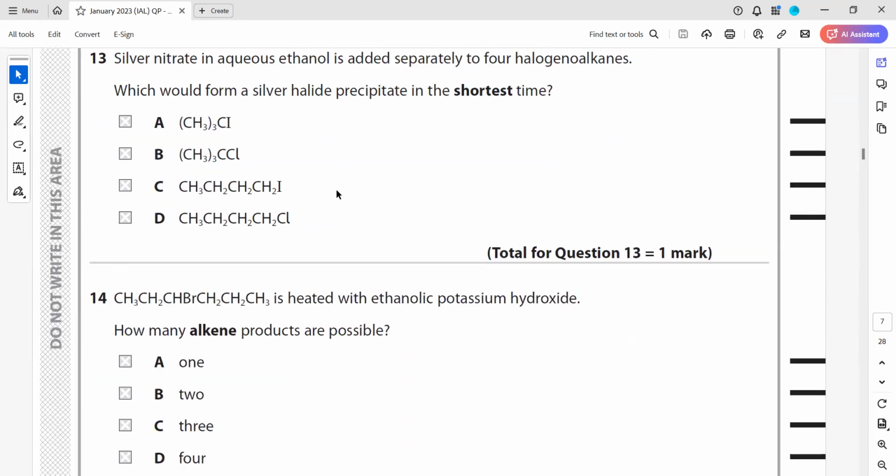Question 3. Silver nitrate in aqueous ethanol is separately added to 4 halogenoalkanes. So which would form a silver halide precipitate in the shortest time? So it should be, because tertiary compounds can break down easily as compared to primary or secondary.